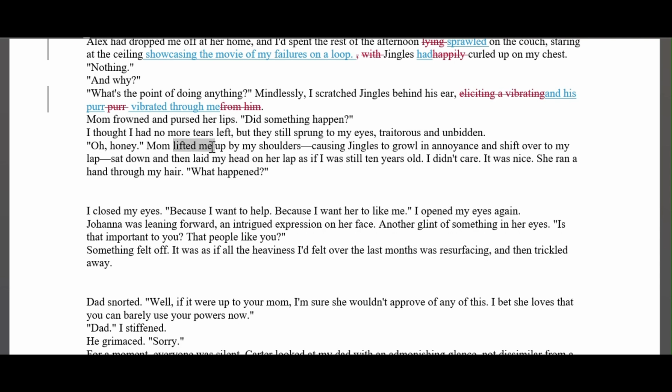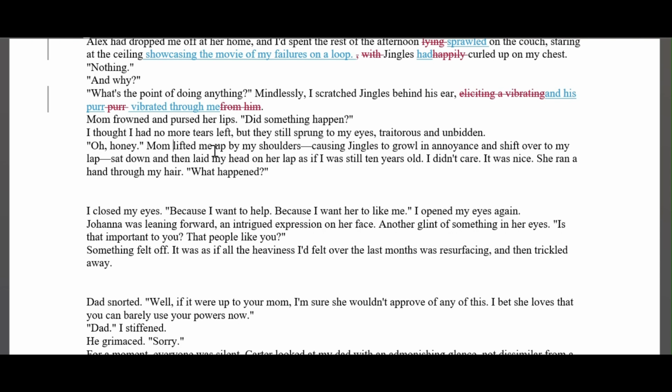Mom lifted me. If you lift someone, I'm not sure about that one. I feel lifting is kind of similar to things like pulling and putting.